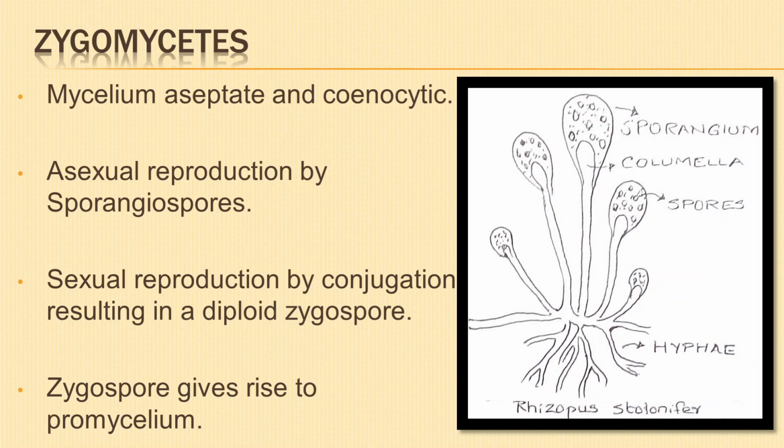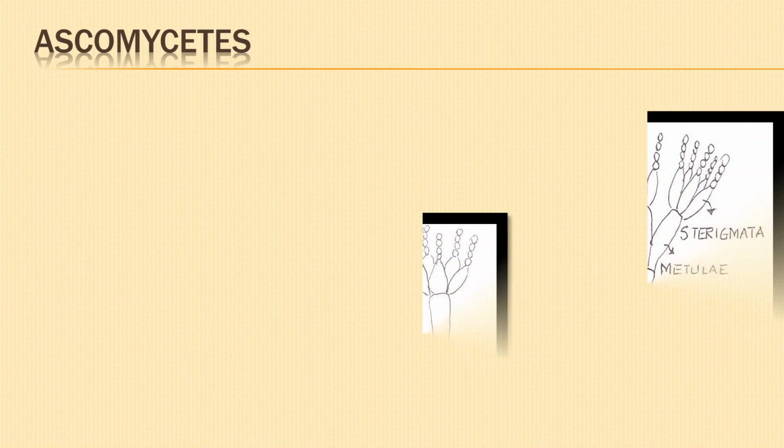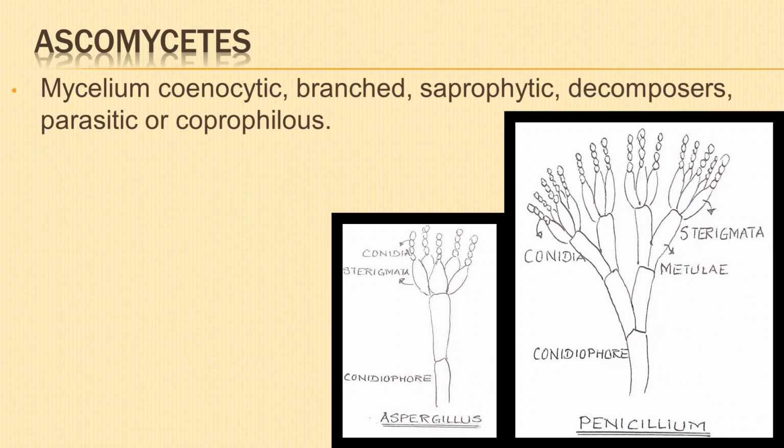sweet potato. Next group is Ascomycetes or the sac fungi. Sac fungi are cenocytic, branched, saprophytic decomposers, parasitic or coprophilous, growing on dung.